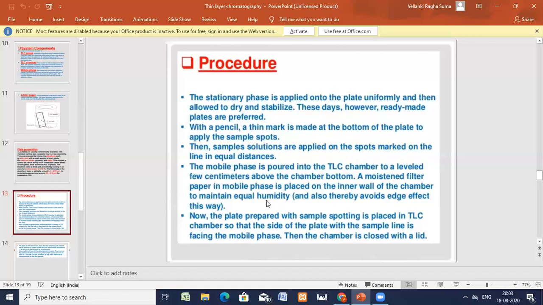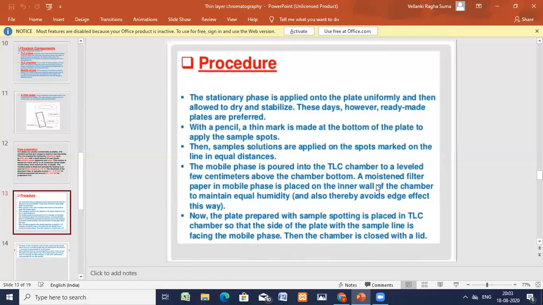As I've told you, this paper will be used on three sides, but in the center we'll be placing the plate. At the bottom it is covered with nearly 1 mm height of solvent, and three sides are lined with solvent impregnated papers.